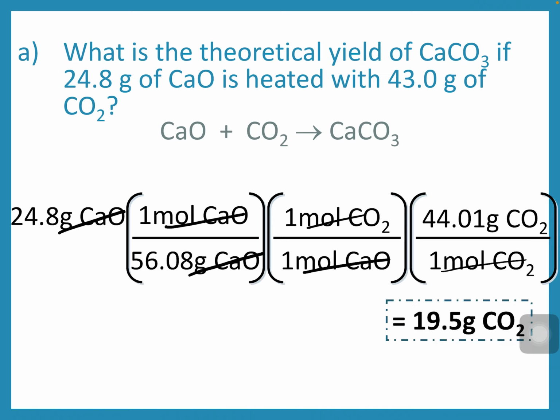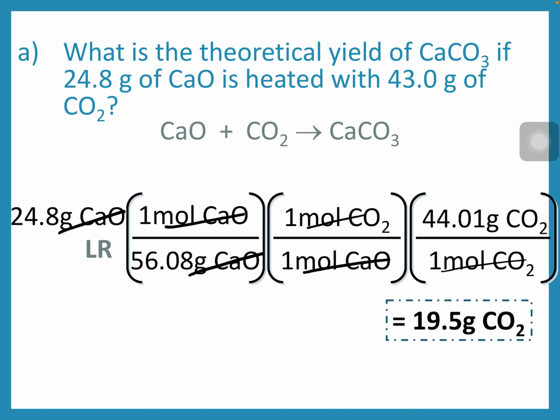And that is 19.5 grams. I have 43 grams of carbon dioxide, so I have more than enough carbon dioxide to fully react the calcium oxide. So that means that calcium oxide is my limiting reagent or limiting reactant. Carbon dioxide is in excess.